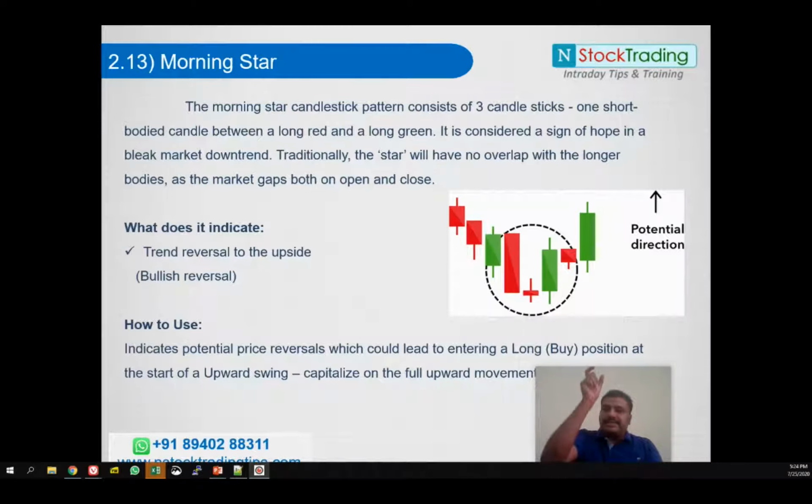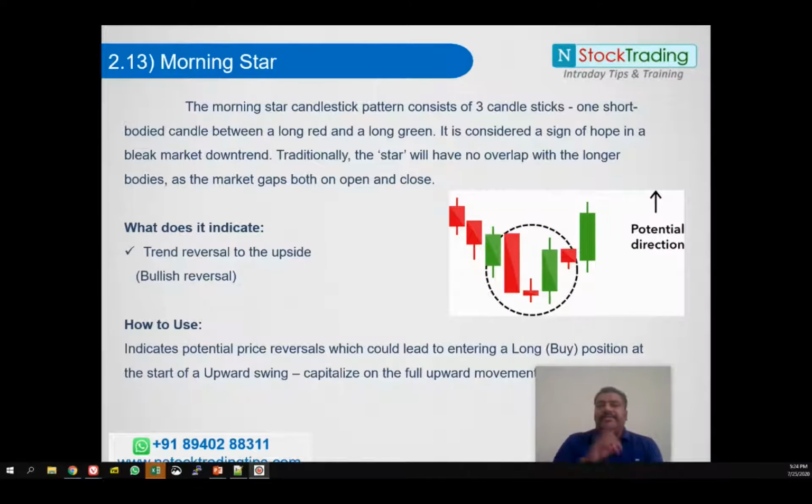There is a big bearish candle, and then you have a small candle below that. Then finally you have a bullish candle. If this happens, it clearly means that there is a trend reversal. Morning stars don't happen very often, but when they happen, they are a solid confirmation, and you can take the trade actually.